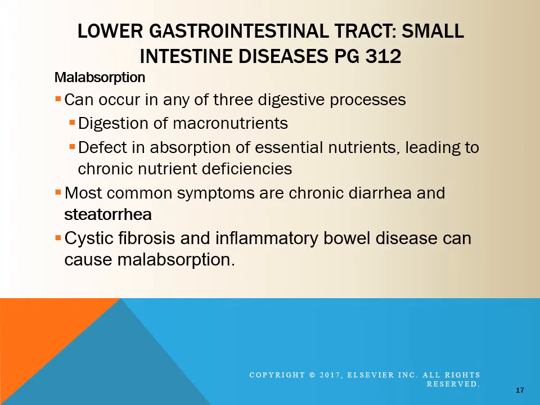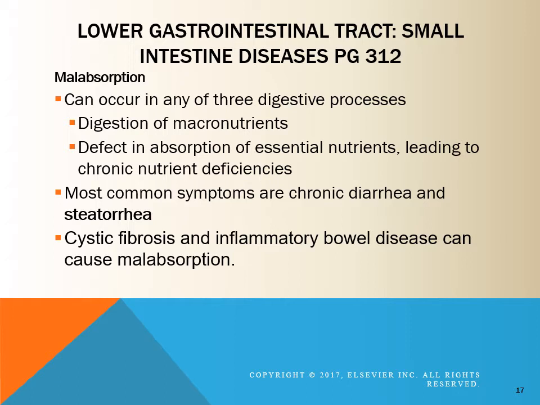Now we're going to move into the lower GI tract, the small intestine. We're making our way through our GI tract here, covering diseases along the way. In the small intestine, there can be problems of malabsorption. This can occur in any of the three digestive processes: digestion of macronutrients, and defect in absorption of essential nutrients, leading to chronic nutrient deficiency.